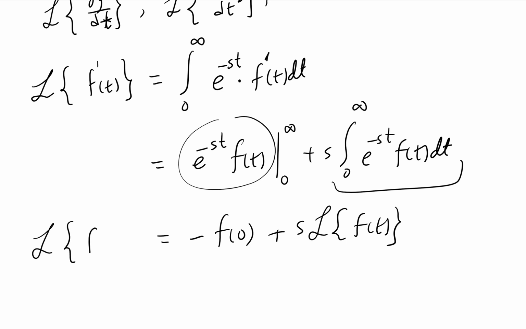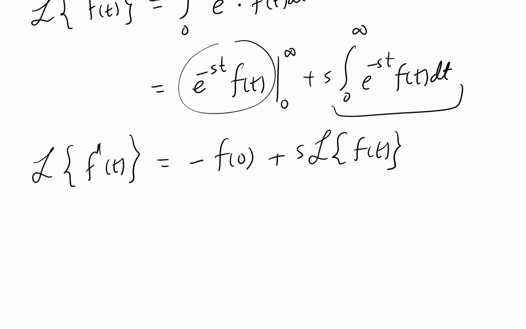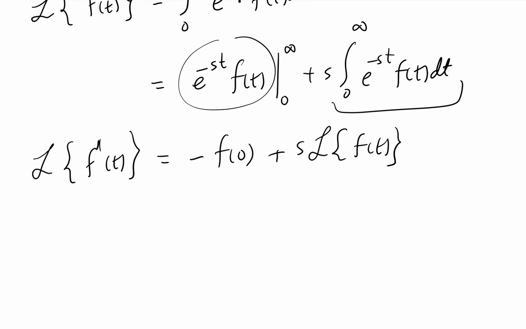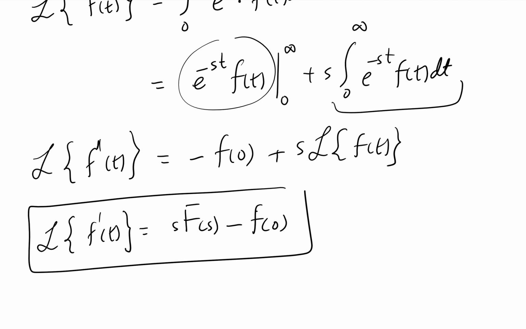So that gives us a formula to find the Laplace of the derivative of f. We can rewrite it as the Laplace of the derivative is s capital F of s minus small f of 0. That's the formula to find the Laplace for the first derivative.